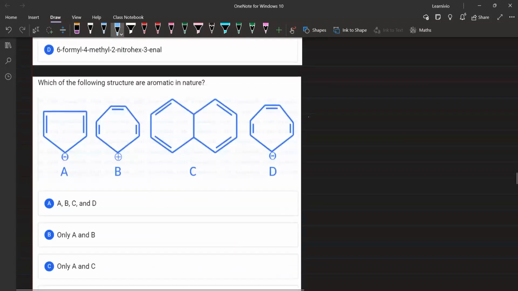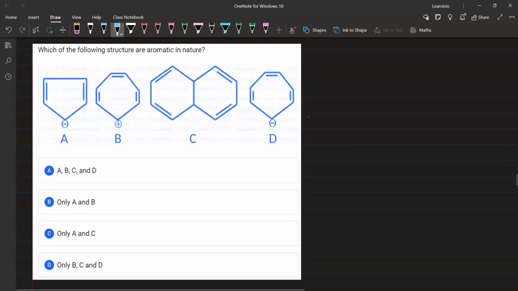I have written this down. Try this: the following structures are aromatic in nature. For aromaticity, what are the conditions? The first thing you should see is that all the carbon atoms are in plane.